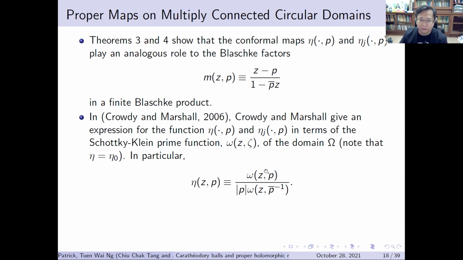The function that we are going to use is called the Schottky-Klein prime function on this omega. It will be denoted by this notation here, omega(z, c). And this eta function can be expressed in this expression.